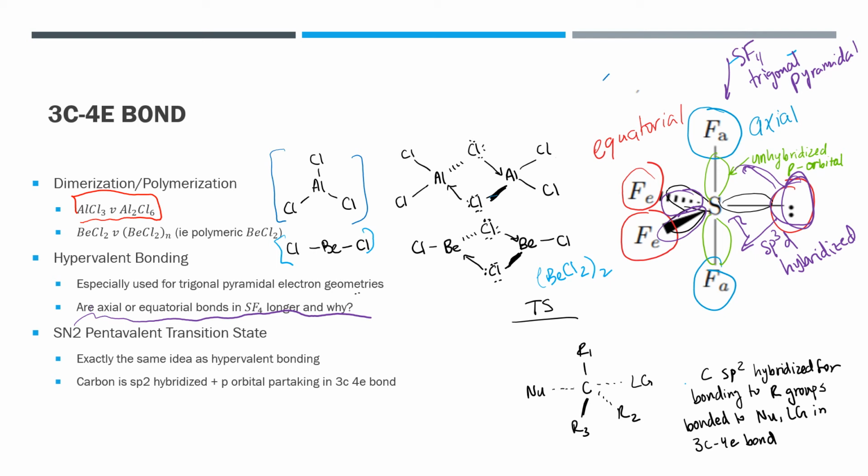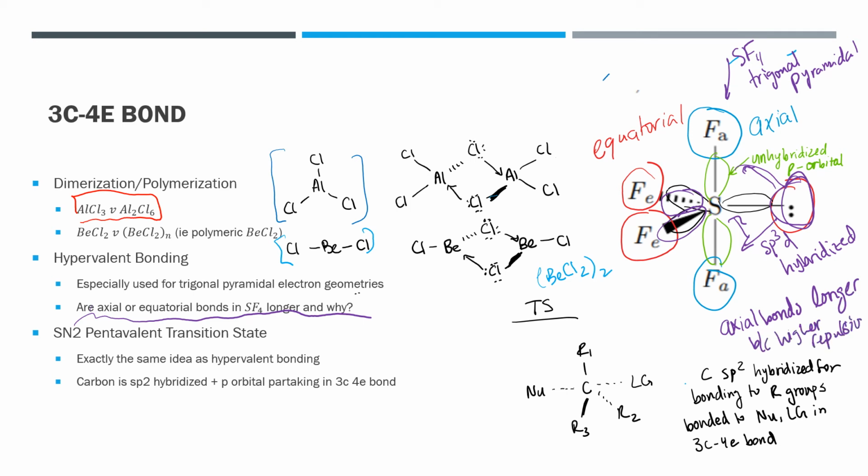So the lone pair is going to repel the electrons in the bonds, and to minimize the repulsion, the axial bonds go farther away. So we would think axial bonds are longer because of higher repulsion.